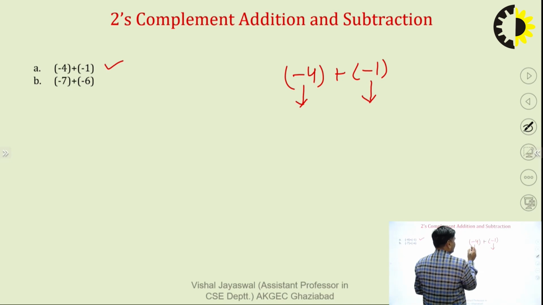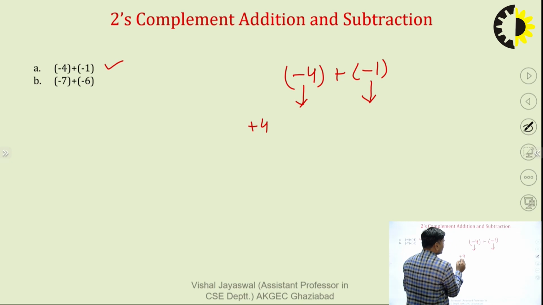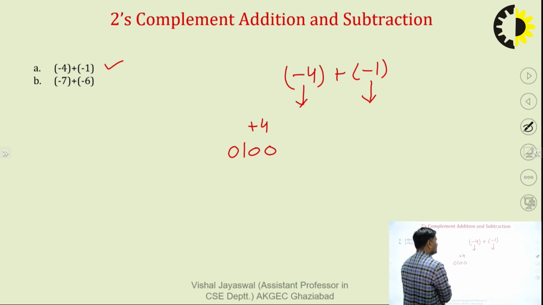For plus 4, we write down plus 4 in 4 bits. That means 0, 1, 0, 0. This is the 4-bit representation of plus 4, and we take the 2's complement, meaning 1, 1, 0, 0.